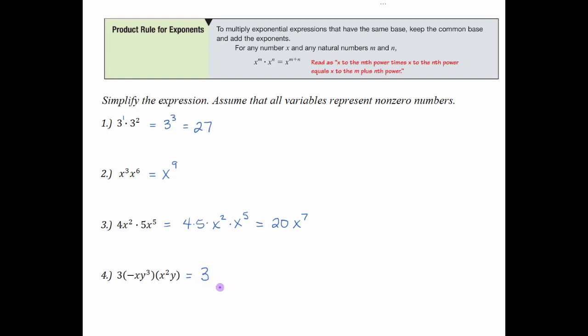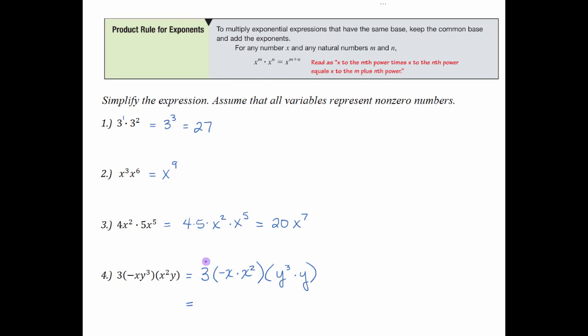We haven't used him yet, but we do have to carry him along until he gets used. Then I have a negative x times x squared, and a y cubed times y. You notice I put the negative there and it doesn't get here. So make sure that you only have it one place. Don't generate another negative sign.